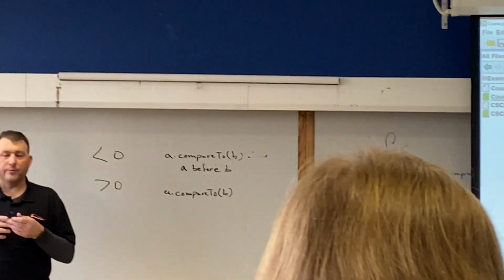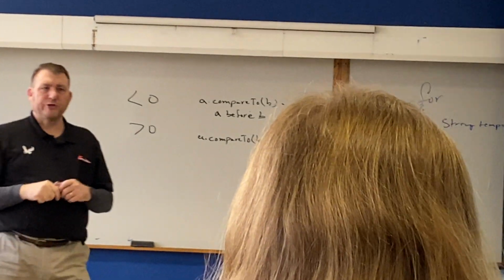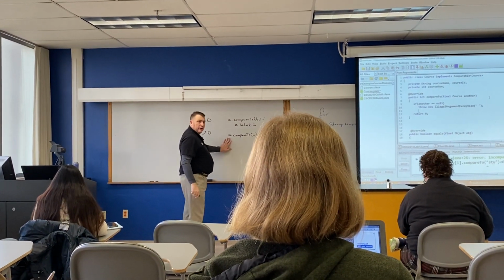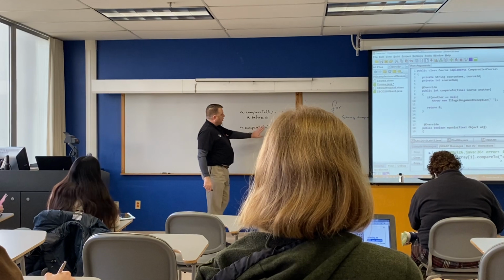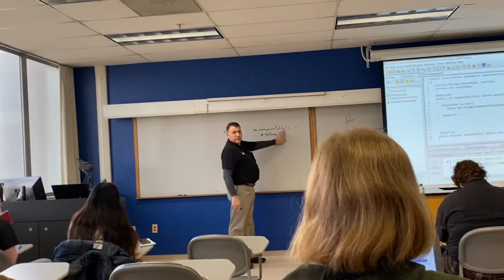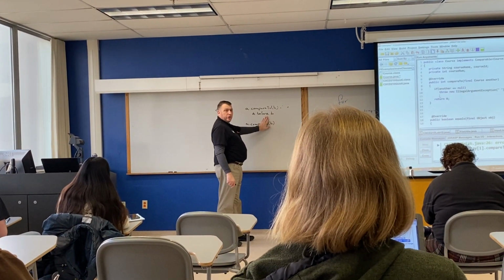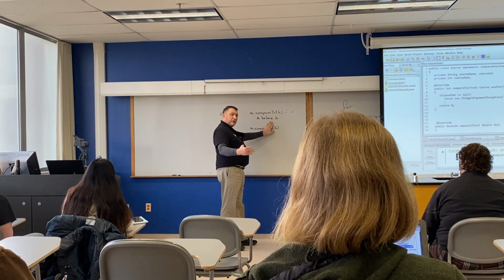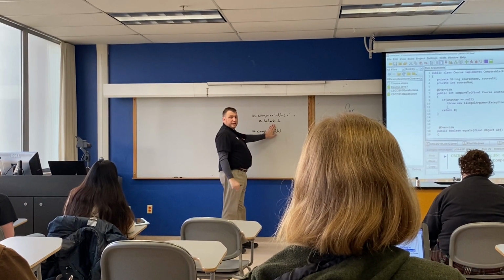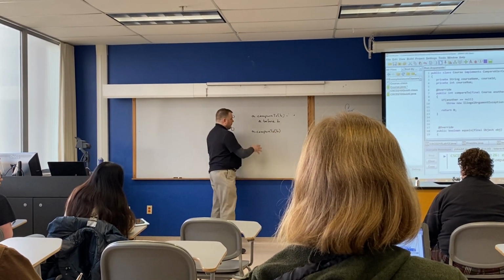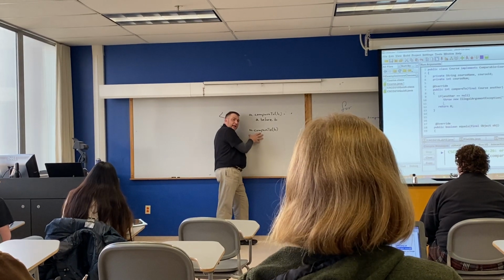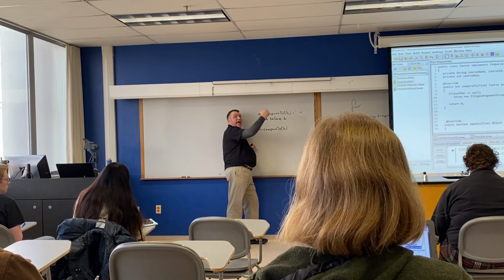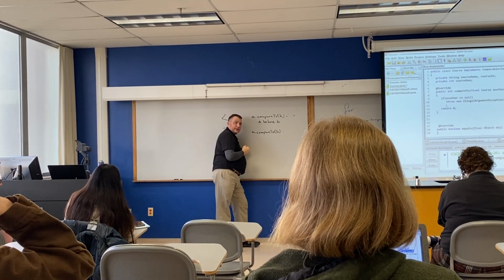So perfect example: savannah.compareTo(stu), all lowercase, okay? Savannah, S-A-V, comes before S-T-U. So savannah.compareTo(stu) would give me a value less than 0, because Savannah is alphabetically in front of Stu in the dictionary, okay? If we did stu.compareTo(savannah), that would give me a number greater than 0, because Stu is alphabetically after Savannah in the dictionary.